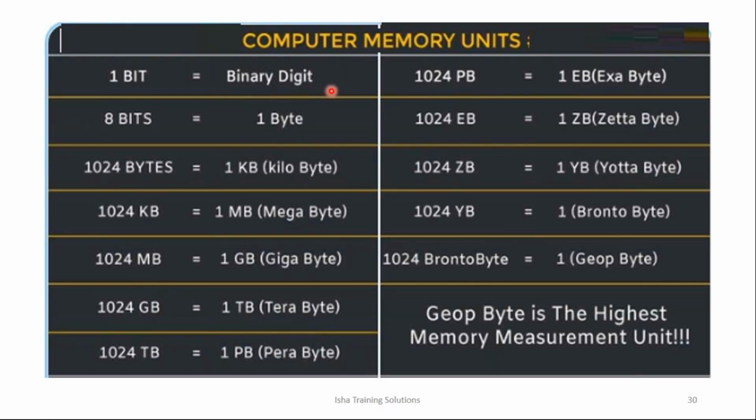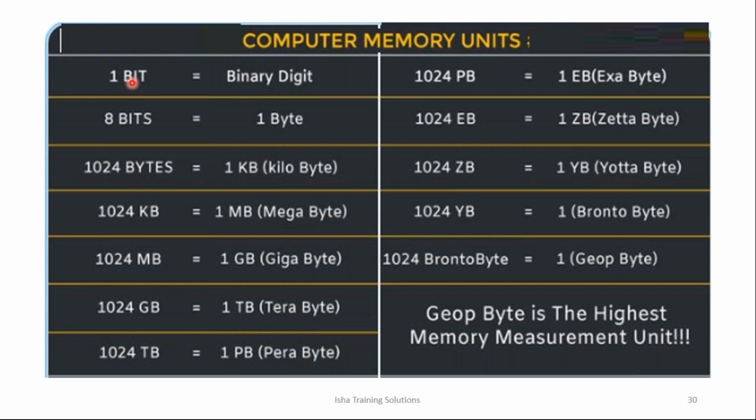Now in a computer, whatever you write will be converted to ones and zeros and saved. So if you are writing hello, that hello will be converted to 1010 and it will be saved into the system. That particular one will be occupying the space of 1 bit.